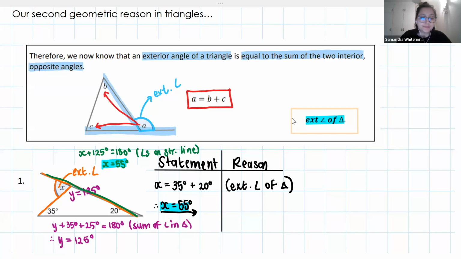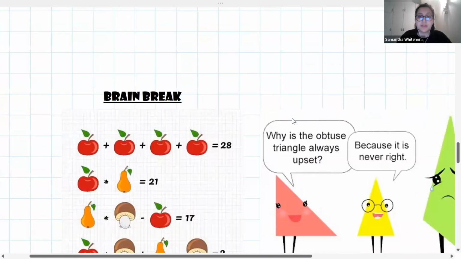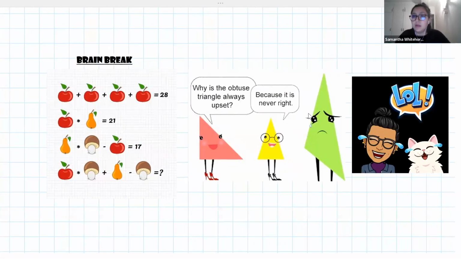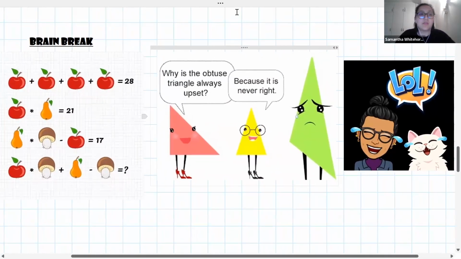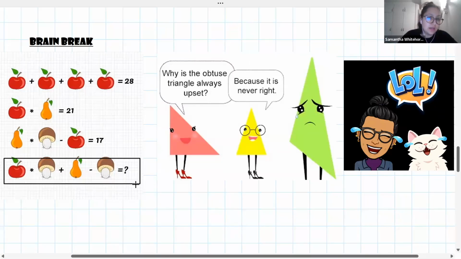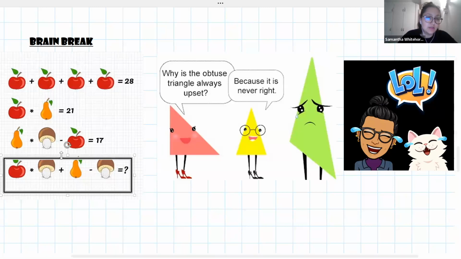Alrighty. Okay, so brain break for the day, joke for the day, everything for the day. You guys know the drill. For our brain break, we want the value of the last equation here. The only thing I am going to say, guys, is if you're not too sure what those stars mean, they mean multiply.